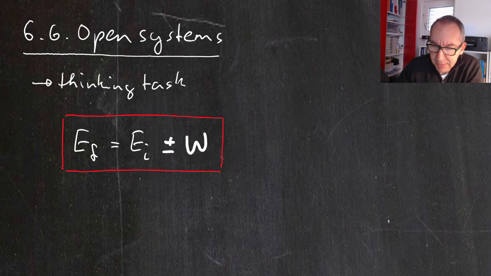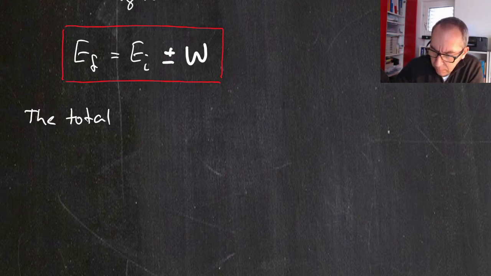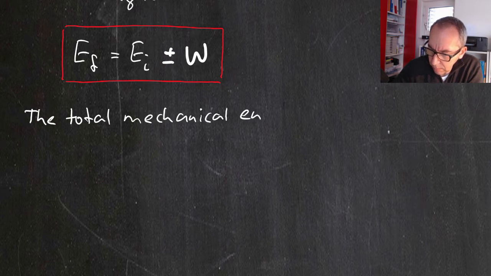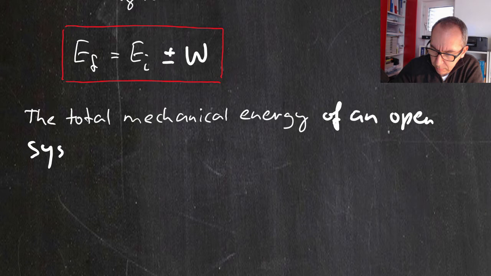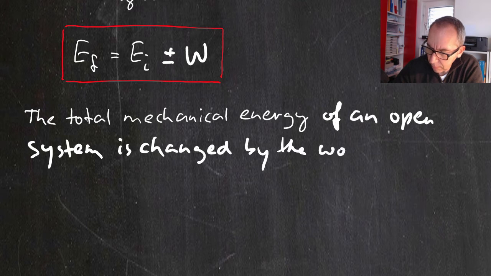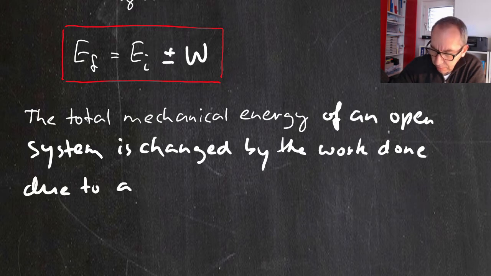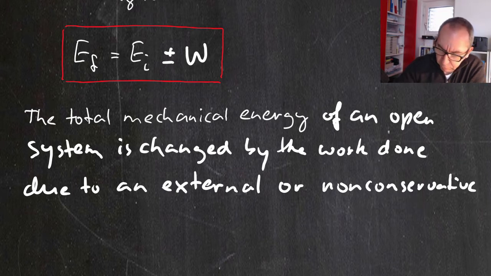So we can write that as a sentence. The total mechanical energy of an open system is changed by the work done due to an external or non-conservative force.